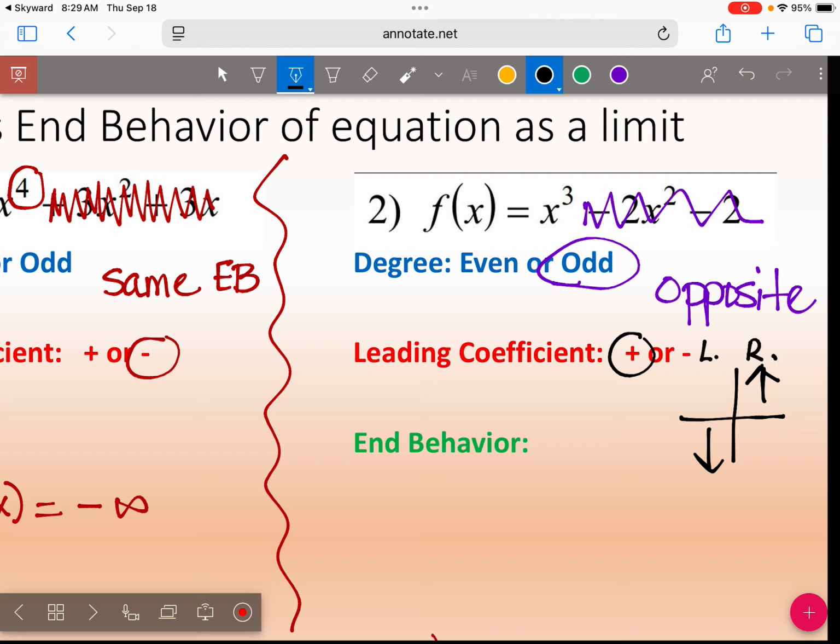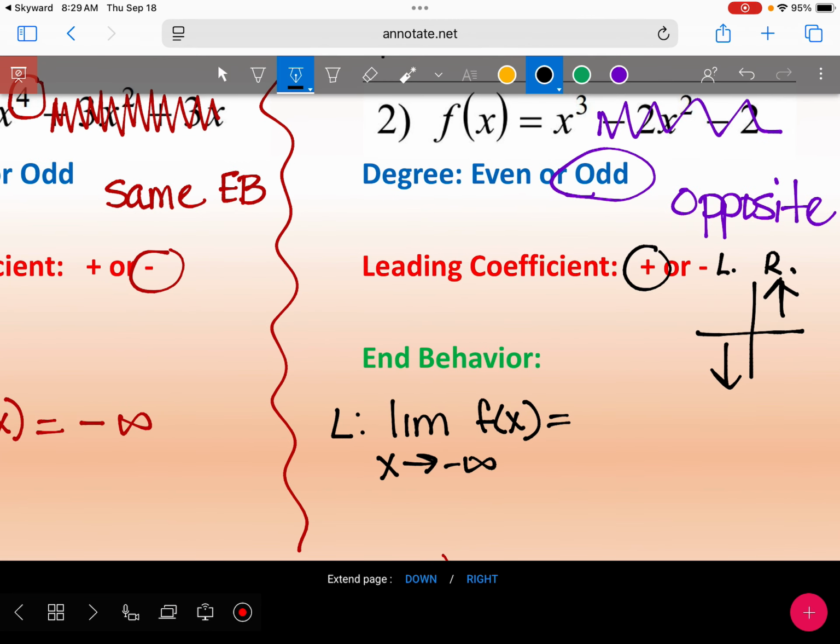Left, right. So let's write our end behavior. My left end behavior says the limit as x approaches negative infinity, because when I say left and right, I'm talking about the left side of the y-axis and the right side of the y-axis. So this is my left end behavior. And then I'm going to put R for right.